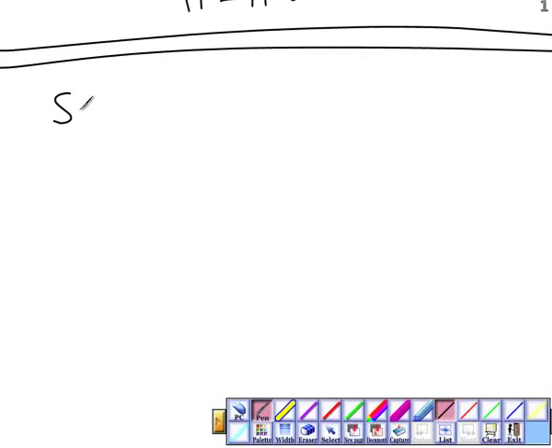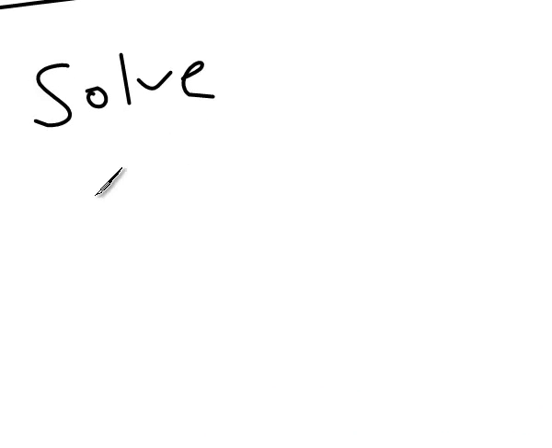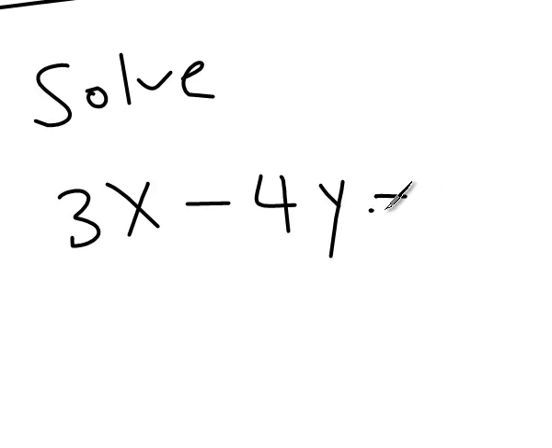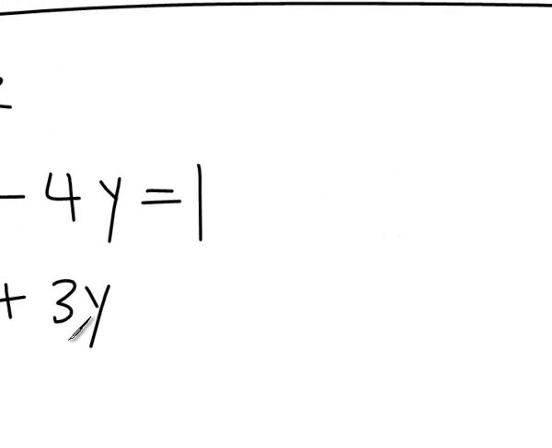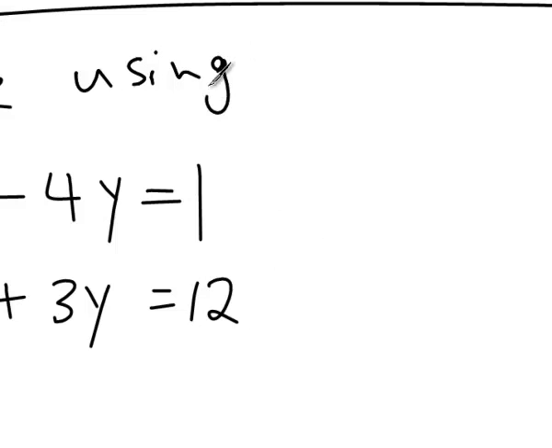So we're going to solve 3x minus 4y equals 1 and 2x plus 3y equals 12, and we're going to solve using the elimination method.